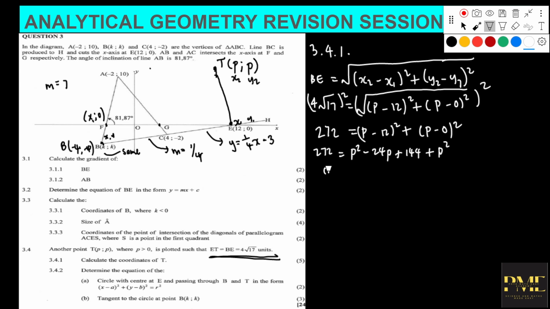Okay, so in other words, so no 0 is equal to p squared, ngizothatha nalo p squared ngimsondeze eduze. So p squared plus p squared, bese ngibuka lo p yedwa minus 24p, okay, plus 144, okay, and then lo kade positive mase fika ngalo zoba negative, so minus 272 guys. Okay, so ake sebenza ngama like terms ethu.